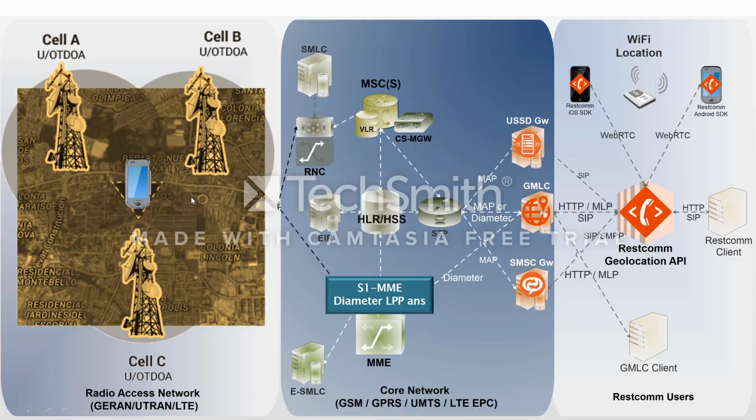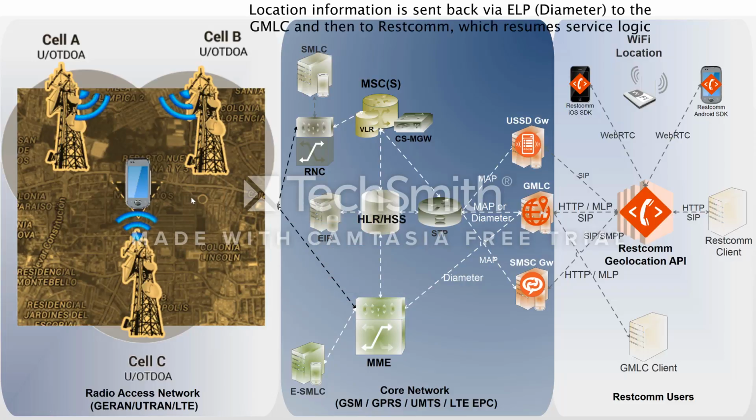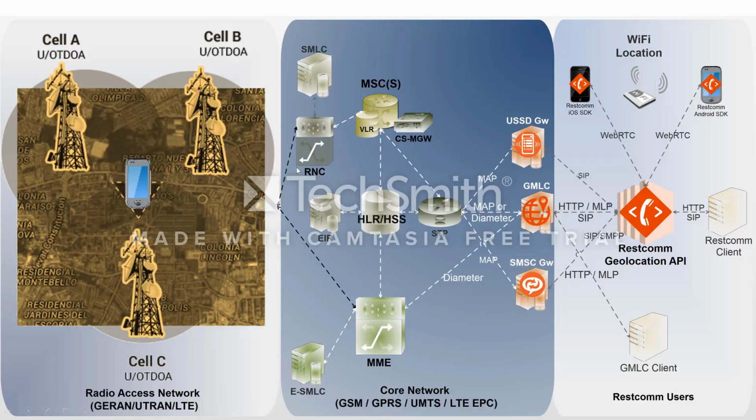So the Diameter command will go back to the MME, and the MME will send it back to the GMLC, and then the GMLC will send the response back to Restcomm, which will resume the service logic. Remember, this was triggered by a USSD service. So this is what is going on, and that path is for the status callback parameter.